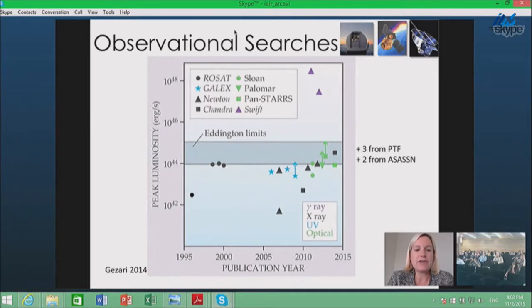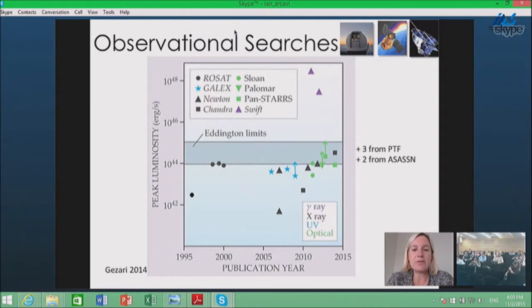Originally, the first candidates were found in archival searches of the ROSAT All-Sky survey, which was a soft X-ray survey. And since then, people have been continuing to look at X-ray observations, mostly archivally, looking for flaring events in the nuclei of galaxies. But recently, there's been a lot more effort looking at longer wavelengths.